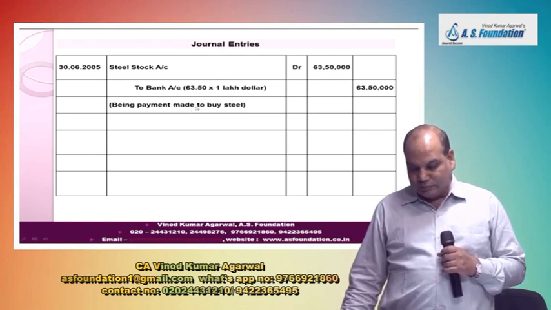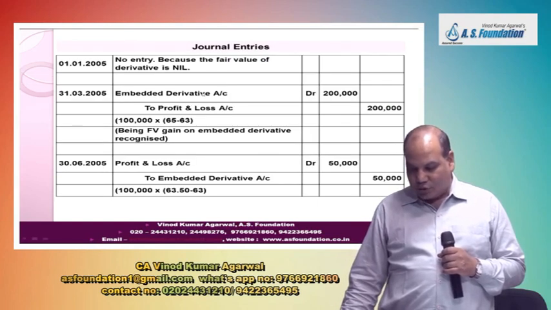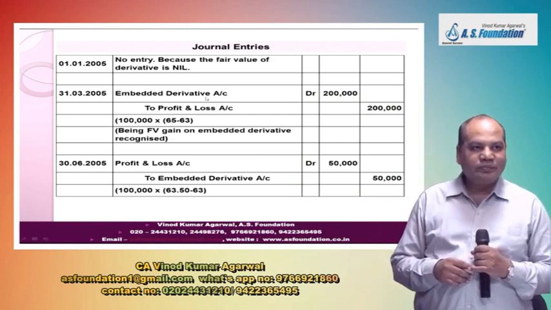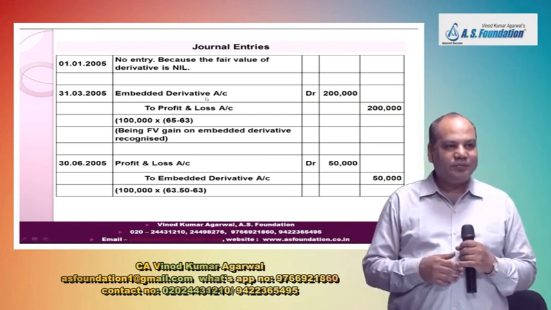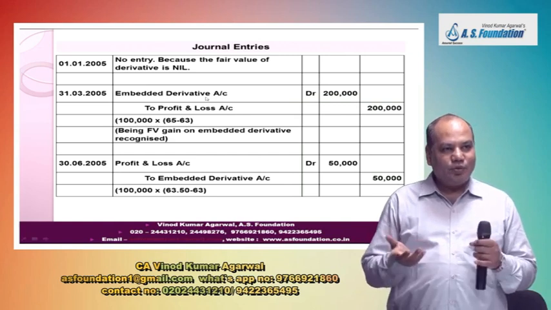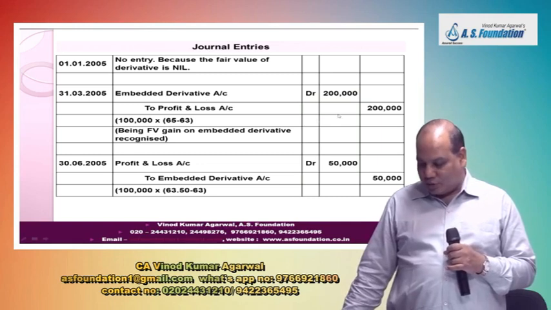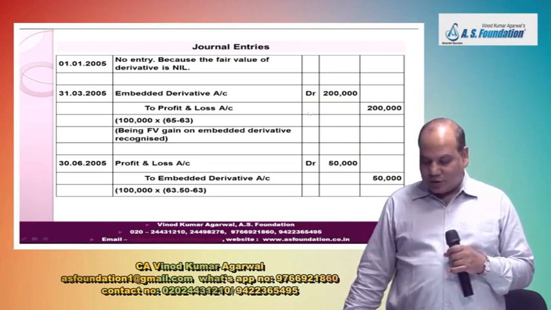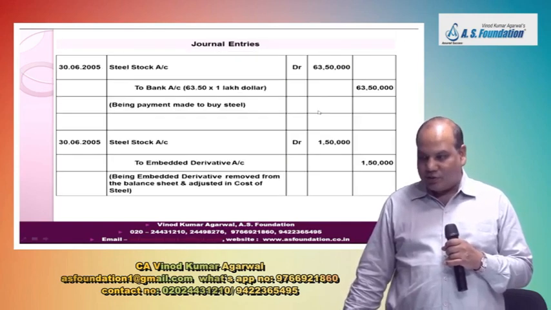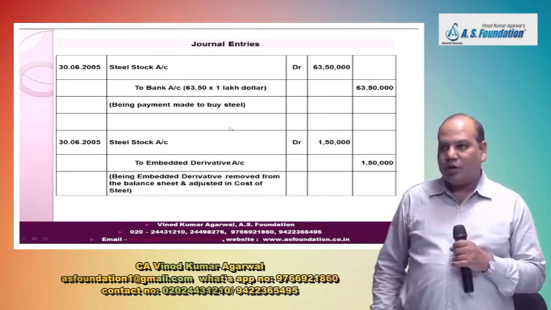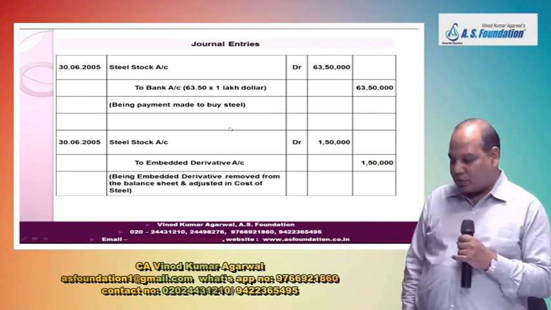Now wait. There is one account which you have opened: the embedded derivative account. What will you do with that account? P&L account, you have already transferred the change. Now this account balance will be adjusted against the value of the stock.